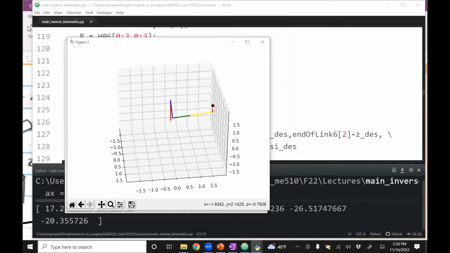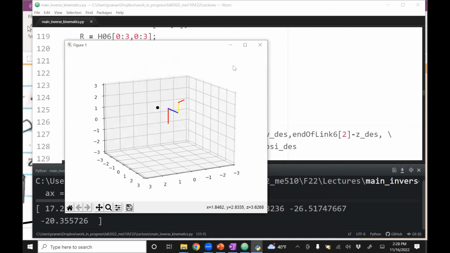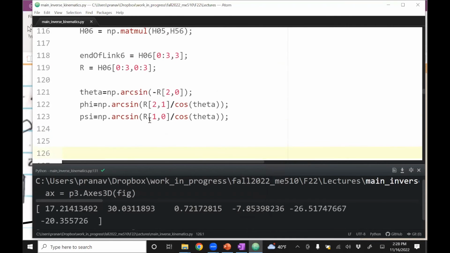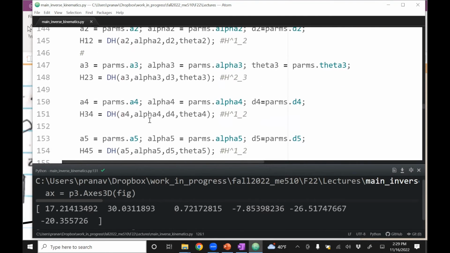I've not really shown a gripper, but trust me, if I'd shown a gripper, it should be the right orientation I desired, which would be 0, 0, 0. So it's inclined at an angle of 0 to all the 3 axes. So you can change the desired position the way you want, and then it will do that. If it's beyond the reachable space, then it will not start that.